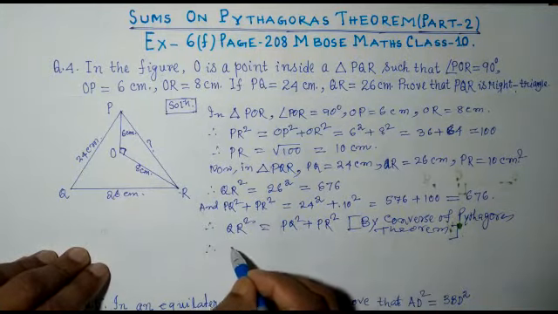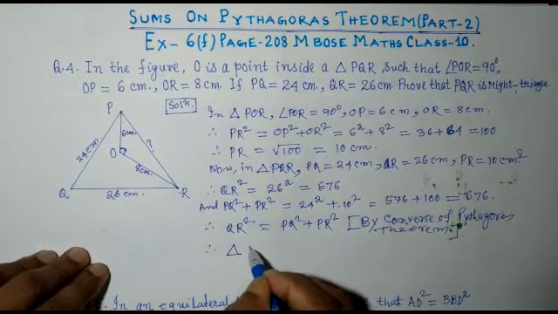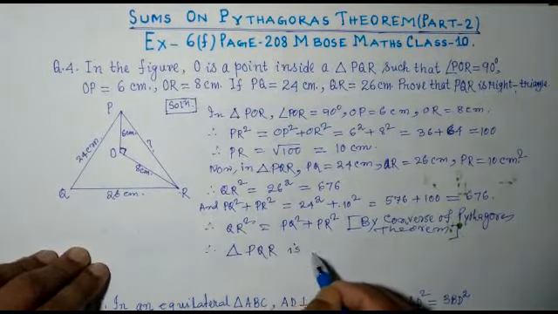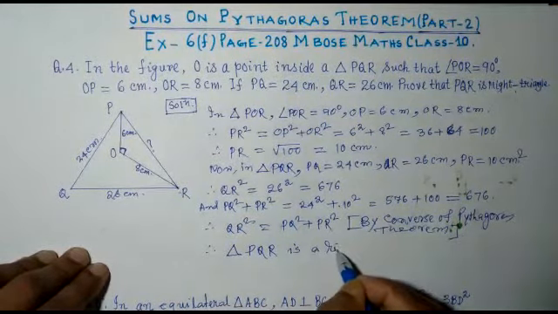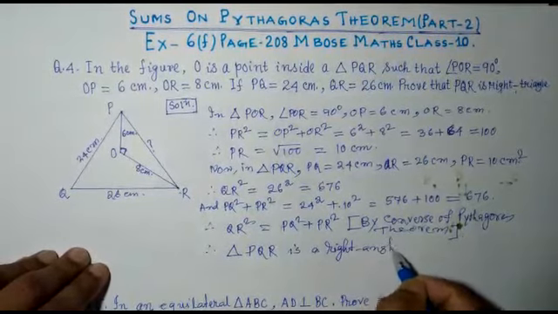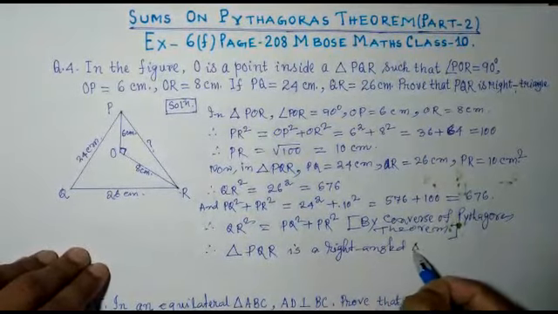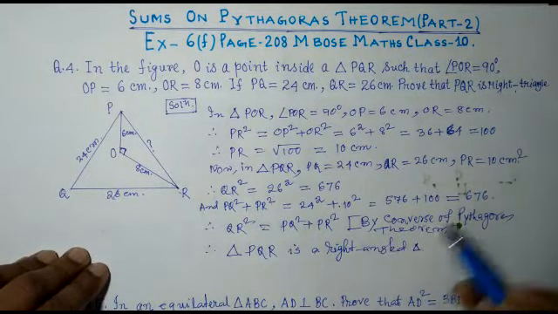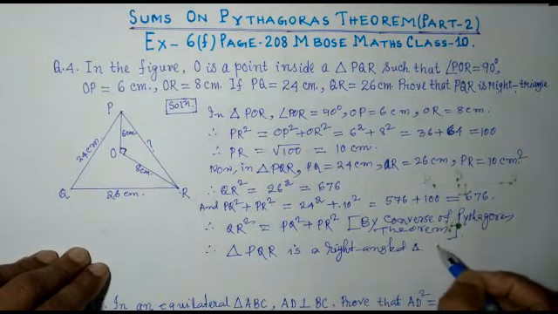So we can write the triangle PQR is a right angled triangle. So that we needed to prove. Here we proved that PQR is a right angled triangle. So our proof is finished here.